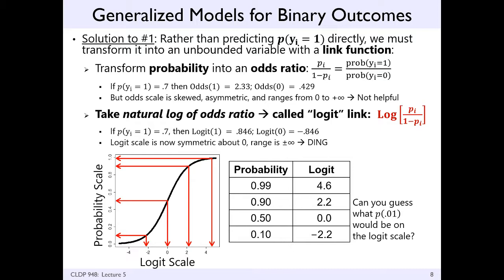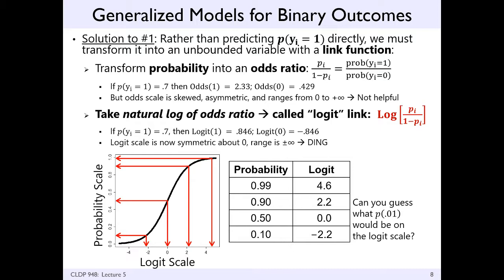As you move away from that 50-50 mark, the logit changes symmetrically. So a logit of 2.2 corresponds to a probability of 0.9, whereas negative 2.2 corresponds to a probability of 0.1.